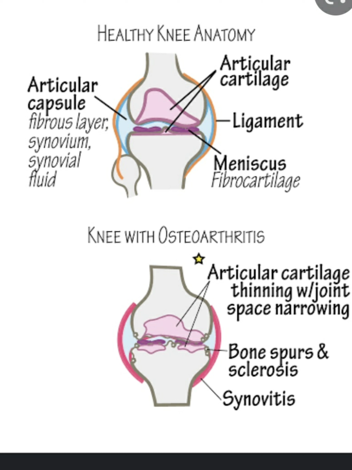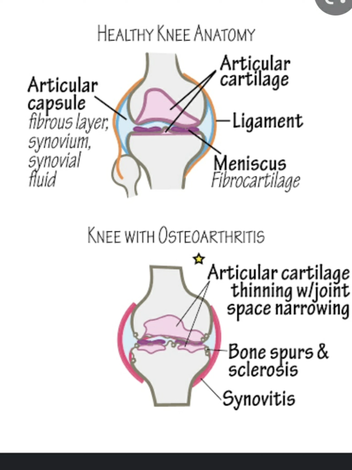Now we are studying the pathology of osteoarthritis, which is a degeneration of the articular cartilage. When the articular cartilage is destroyed, due to the grinding mechanism and further rubbing, the subchondral bone becomes hard and glossy, and the bone at the margin of the joint hypertrophies to form a spur, which is called an osteophyte.